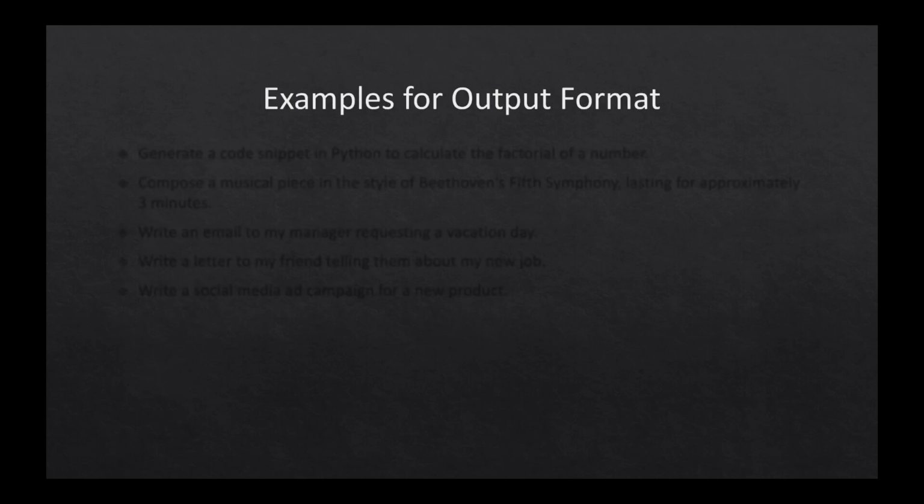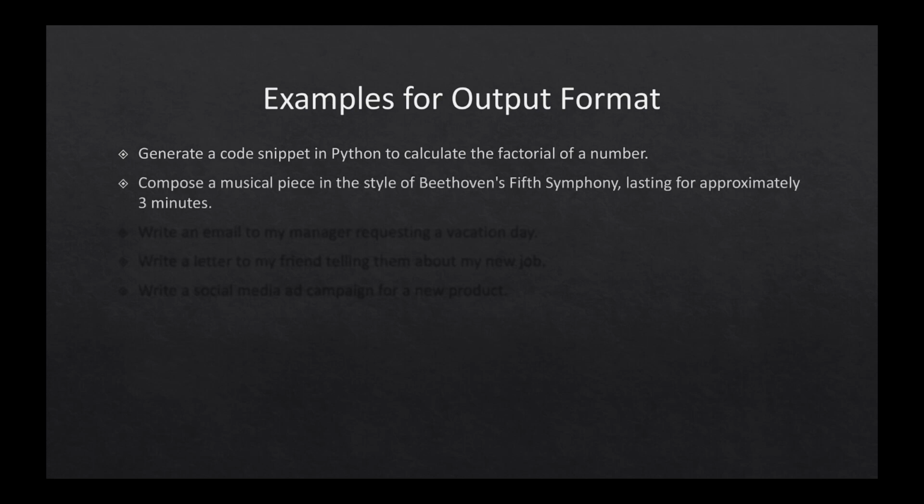Some examples of output format. In the first example, we are asking Google Bard to output a code snippet in the Python language. In the second example, we are asking Bard to output the content as a musical piece.